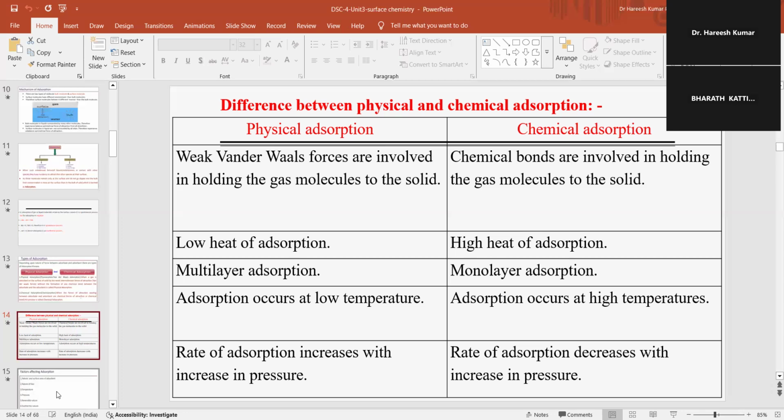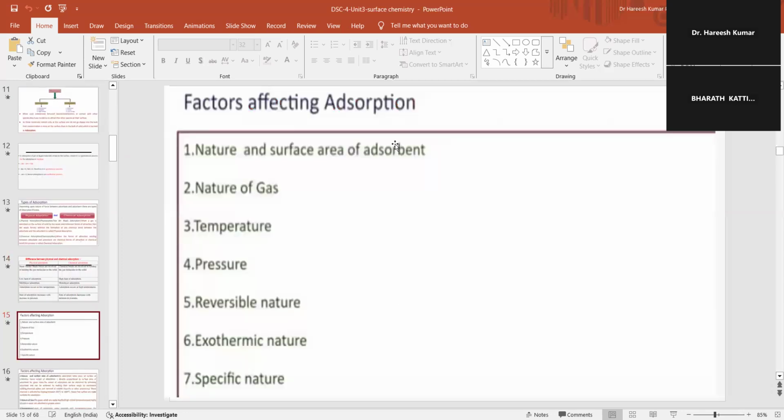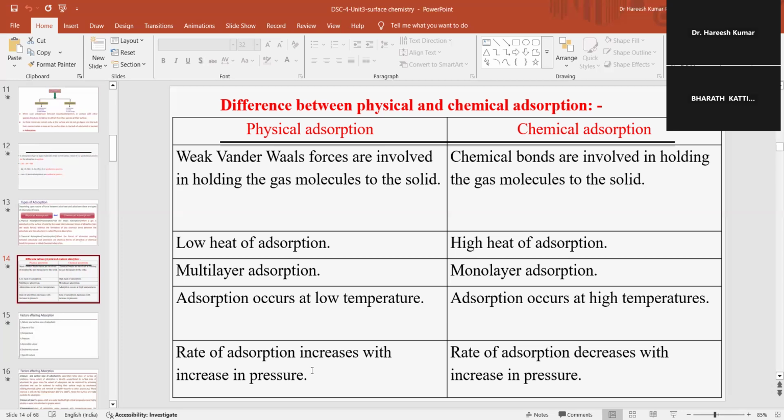So let's look into the factors that affect adsorption. Pressure directly increases the rate of adsorption.